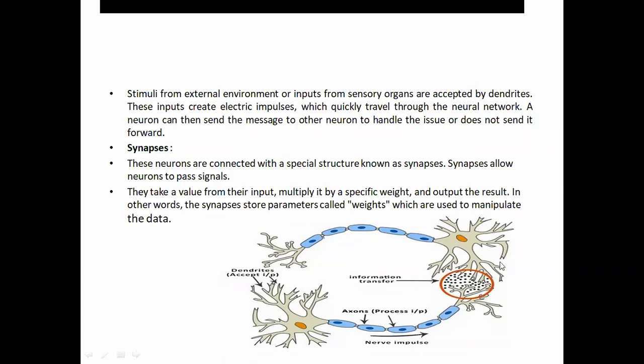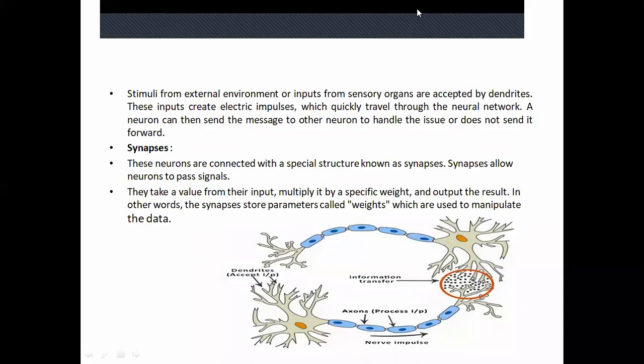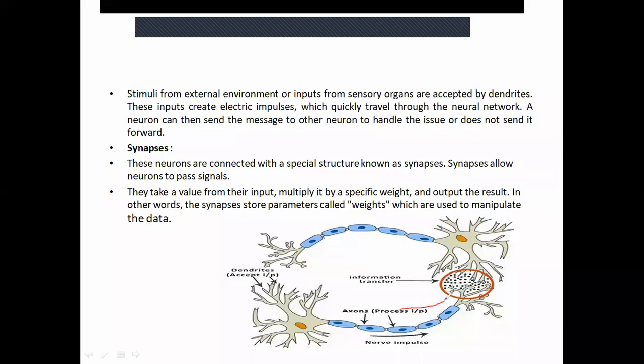So what are these synapses? What they are doing is, when any input is coming to this signal, they add a weight to it. It will add a weight with that signal. That weight will tell whether this input has some importance or not.